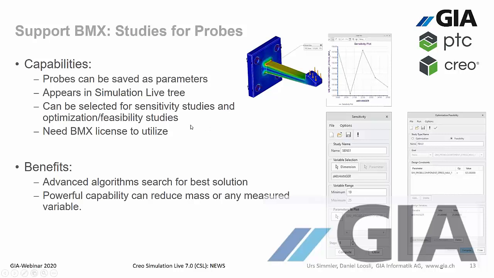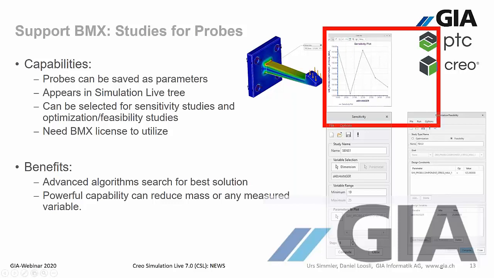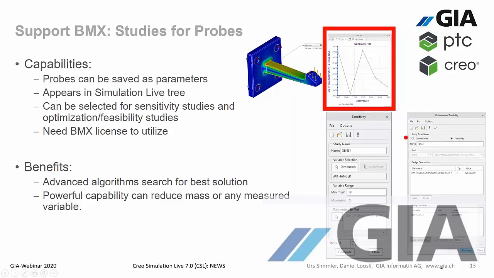By the way, you can also use the Behavioral Modeling Extension. This is an additional module of Creo Parametric, but this is a powerful module where you can do easily some sensitivity studies, optimization, or you can test, let's say, 2000 variants by changing maybe 6 parameters.